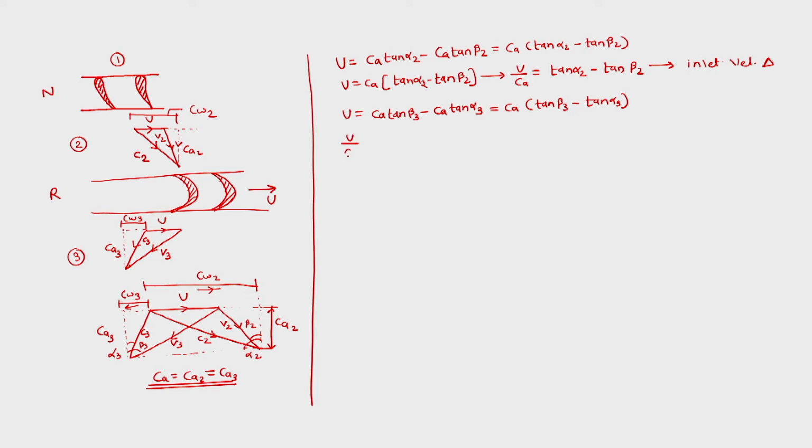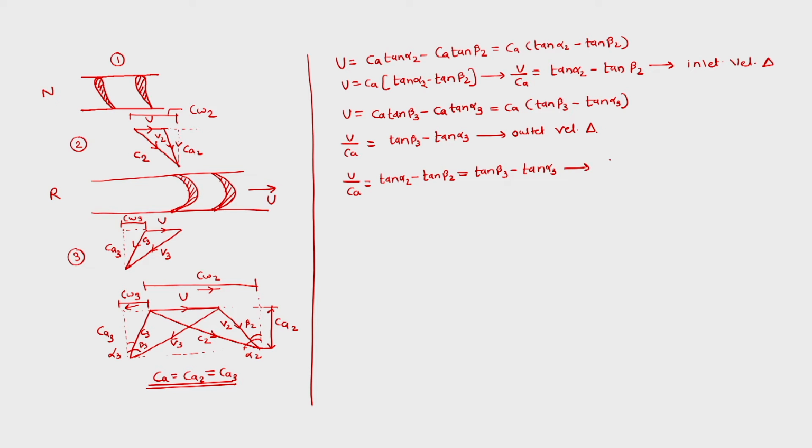So we have u upon Ca is equal to tan of beta 3 minus tan of alpha 3. So this is from the outlet or exit velocity triangle. So from the inlet and outlet velocity triangles we get u upon Ca is equal to tan alpha 2 minus tan beta 2 is equal to tan beta 3 minus tan alpha 3.